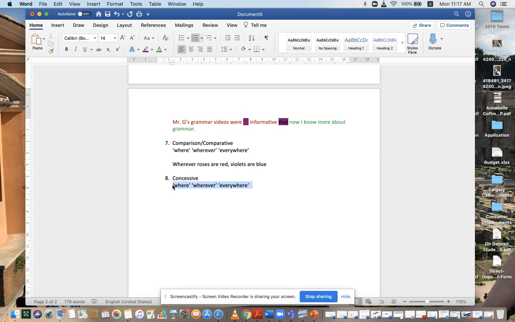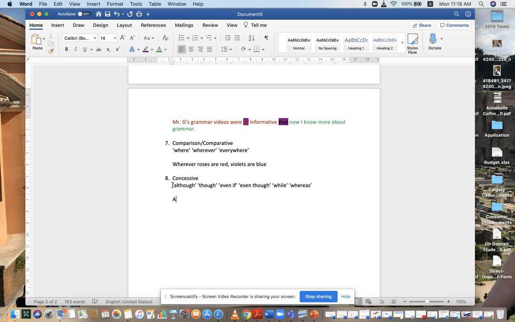And concessives are although, though, even if, even though, while, and whereas. Right. Essentially, concessives are supposed to pretty much concede a point, right?